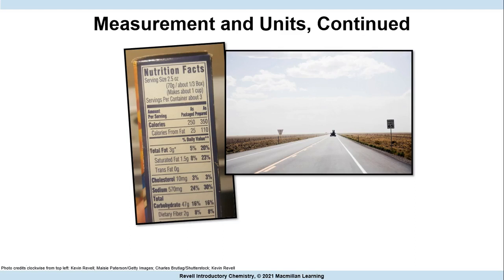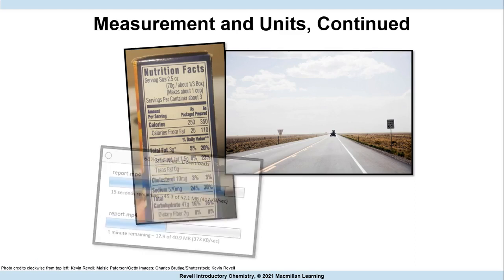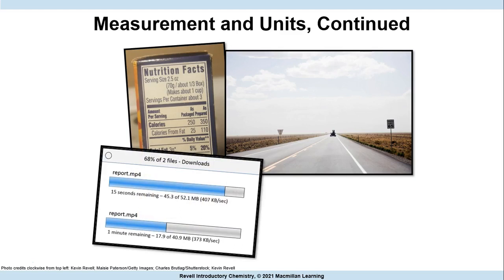Maybe you are looking at this food right here, and you have to look at the calories, the fats, the cholesterol. Everything there has to be given units. If they are not given units, it will not make sense. So for example, let's say you were downloading files on your computer and it was downloading at 373 kilobytes per second.